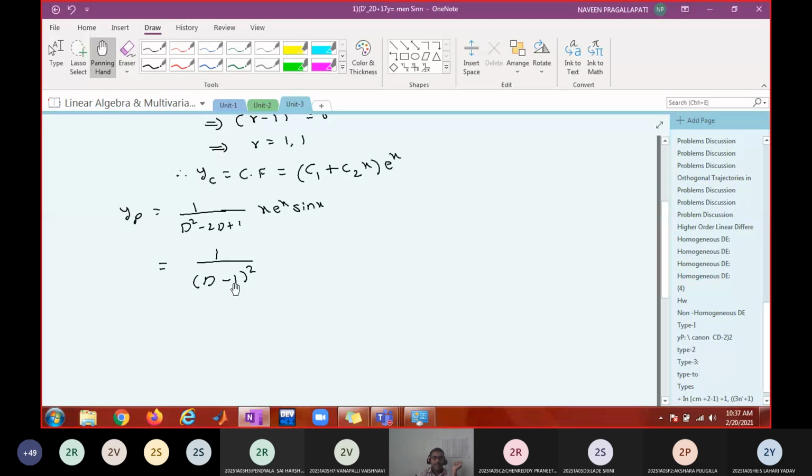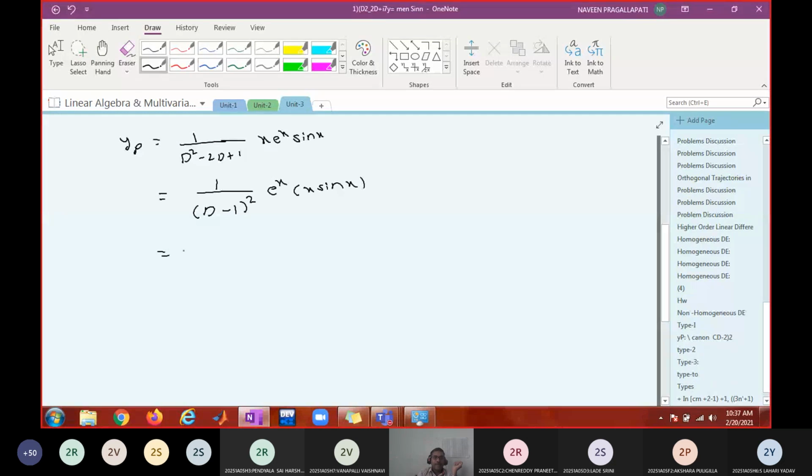See this, the denominator is d minus 1. So it is easy to apply exponential shifting first: x into sin x. What is the advantage in writing it like this? You will be shifting e power x outside and replacing d with d plus 1. What is a here? 1. So d plus 1 minus 1 whole square of x sin x.